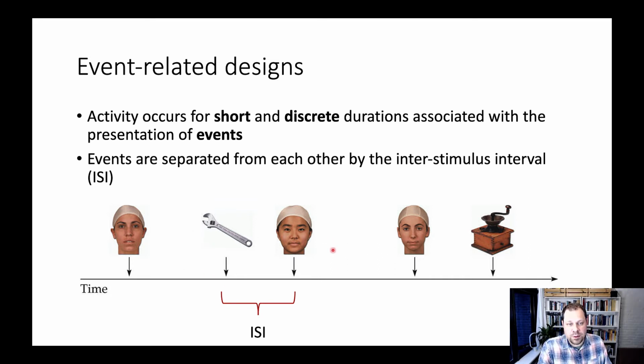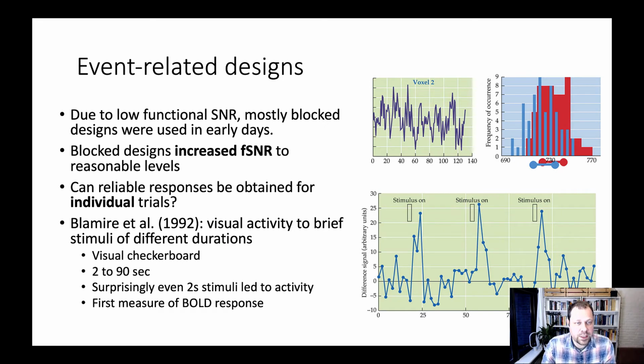So we'll talk about slow event-related designs in the beginning, which actually allow this to come back to baseline, and then later on fast event-related designs, which do not allow this to come back to baseline. This is called the interstimulus interval, and when it's randomized in fast event-related designs, we call this randomization jitter.